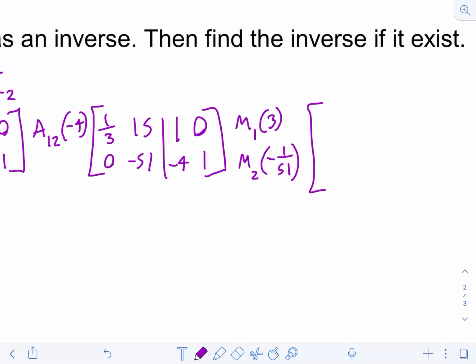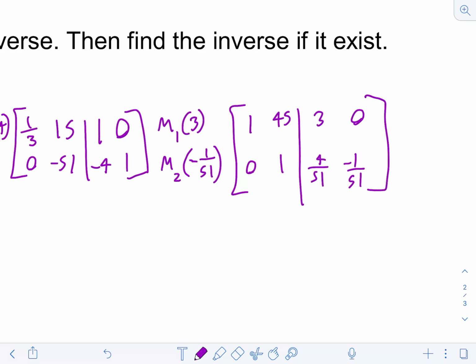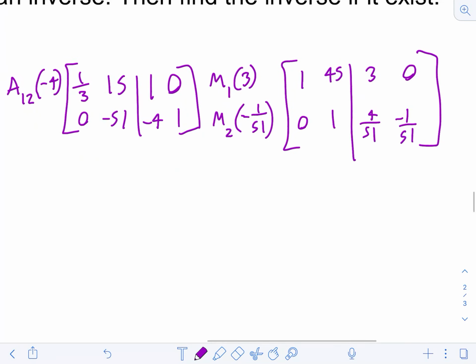By doing so, I end up with 1, 45, and 3, 0. On my second row, I get 0, 1. That's nice. This one becomes a little weird. 4/51, and -1/51. All right. Not too bad.